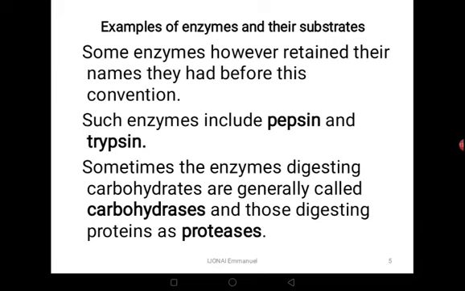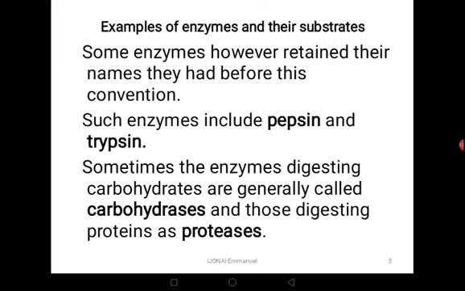They just maintain their names. Pepsin is found, of course, in the stomach and acts on proteins. Then trypsin is found in the duodenum. Then we have, of course, other enzymes of the kind. So we must be cautious to know that most of the enzymes conform to the nomenclature of suffix "ase", but there are also some enzymes that maintain their original names, like pepsin and trypsin.